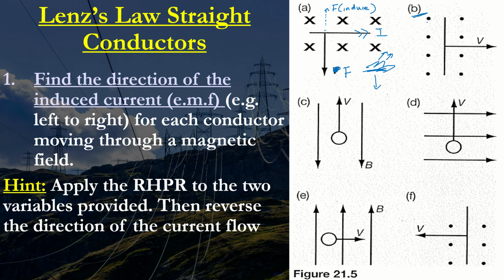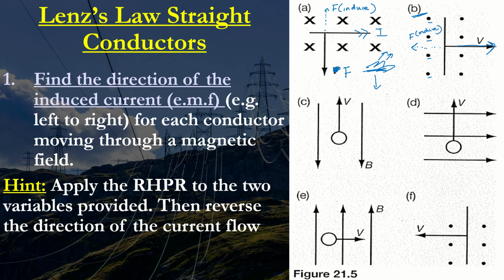Question B, these dots represent that the magnetic field is coming out of the page. The conductor is moving towards the right hand side. So the induced force, according to Lenz's law, the induced force to oppose this would be to move in this direction.